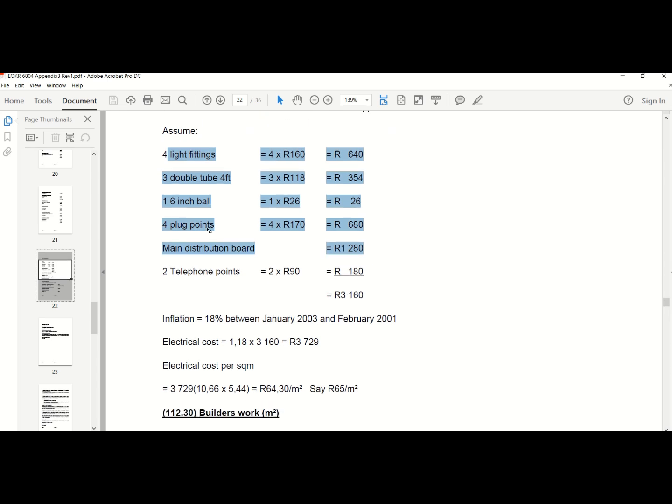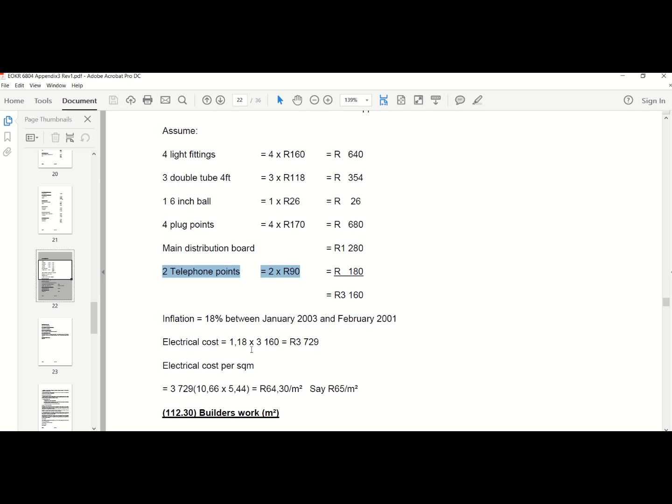Okay, so what they did here is they actually measured out all of the items and the fittings. They added telephone points here, although you can actually do telephone points differently. You can measure it separately and get to a cost like that.